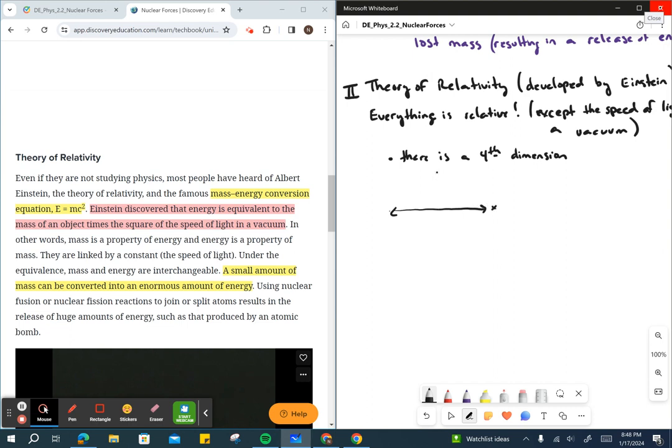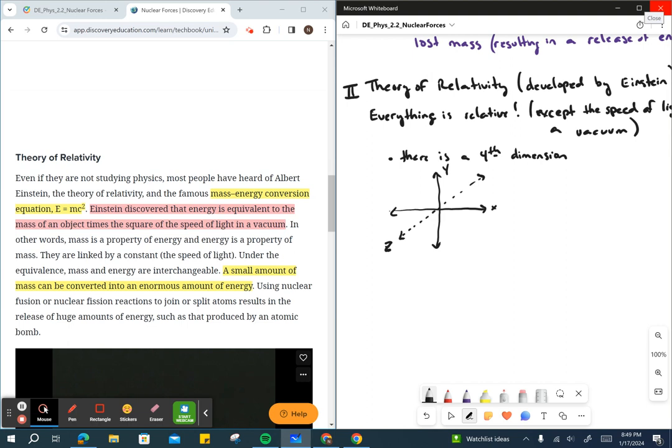You have your Y, and you have a Z axis. And with this three axis system, you can describe the location of anything relative to something else.